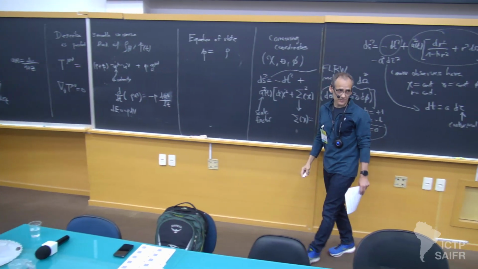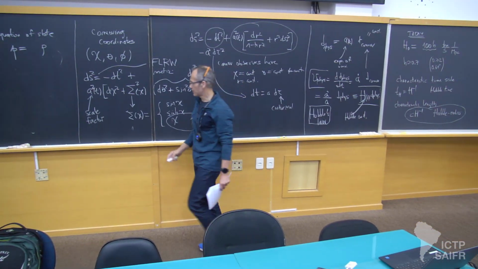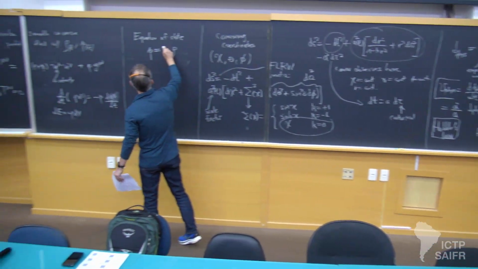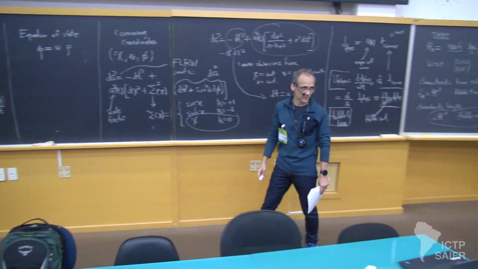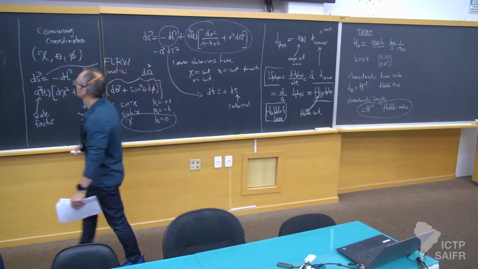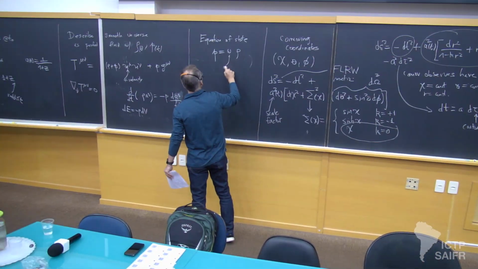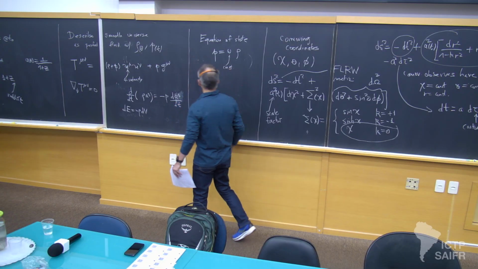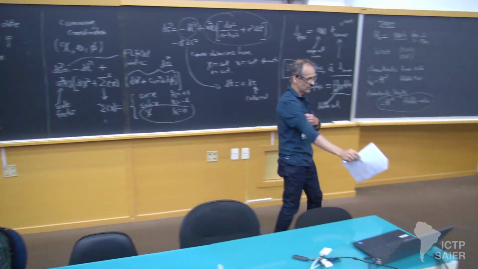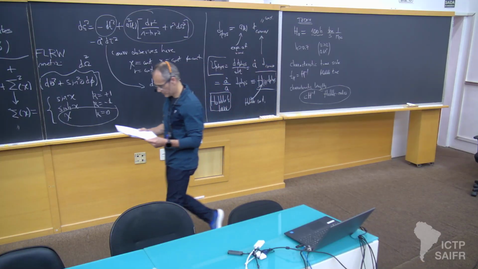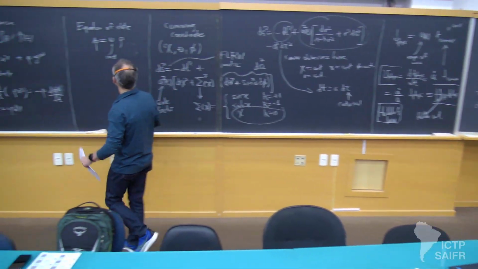And it turns out in cosmology, we are very lucky because this equation of state, a linear equation of state, where the pressure is proportional to the density with a constant that we call w, describes most of the observable components in the universe. So w is known as the equation of state parameter.